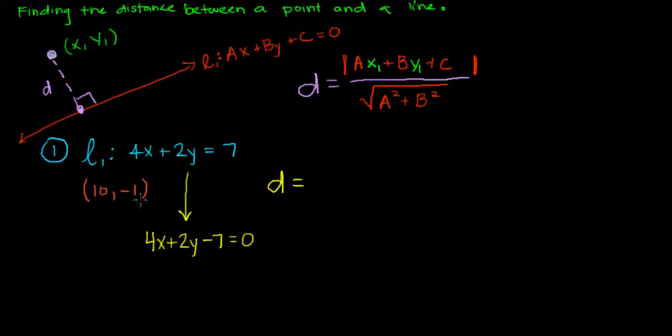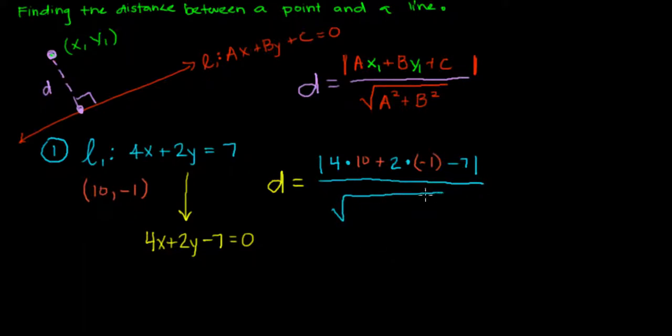So we're going to say that the distance between the line and the point is going to be the absolute value of 4 times 10 plus 2 times -1 plus -7, or just -7 right there, divided by the square root of 4 squared plus 2 squared.